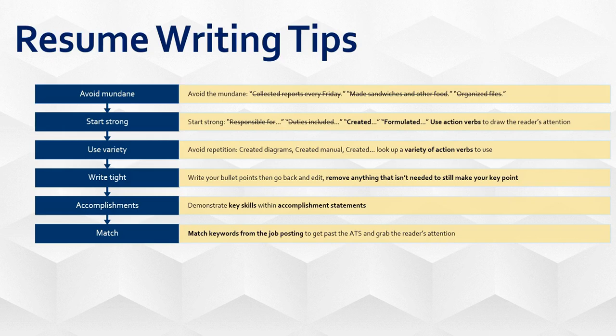Next, you want to do what we call writing tight. What this means is that you write out your full thought, your whole bullet point. Don't worry about how long it is. Don't worry if it feels a little too wordy. Just get your full thought out there on the page, and then you want to go in and edit it and start removing anything that isn't needed to still make your key point.